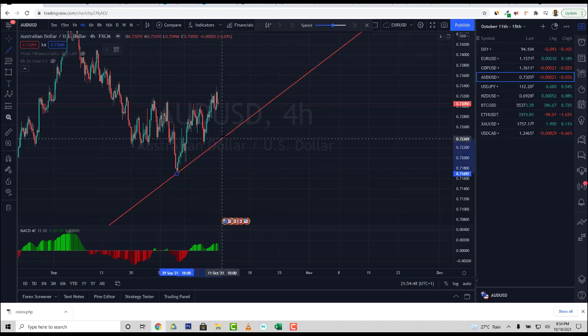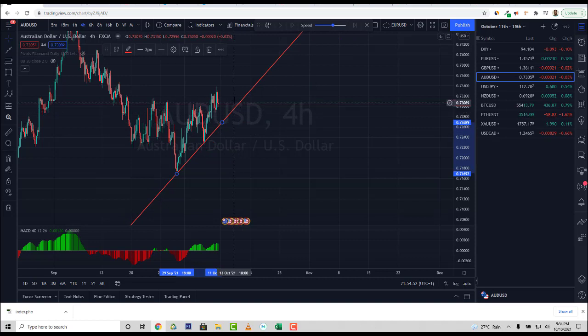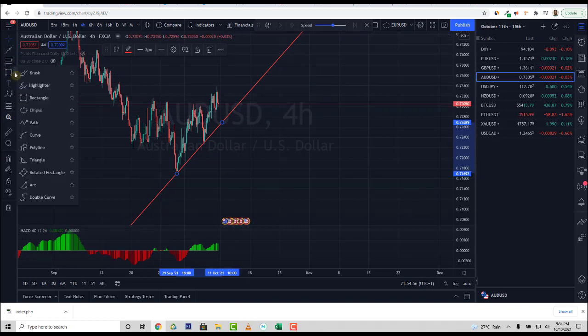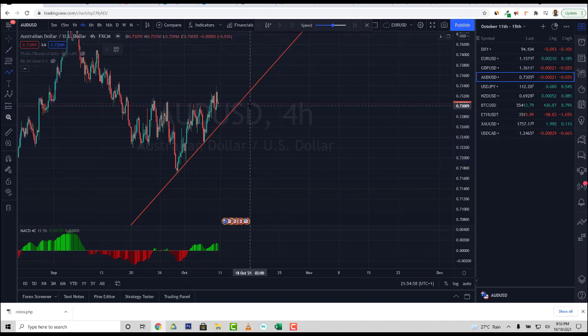and I want you guys to note something. Never jump into a trade. All right, even though I'm expecting AUDUSD to give me a downward movement here, I'm not going to take this trade until I see a clear signal from it, until I see a clear setup, right?